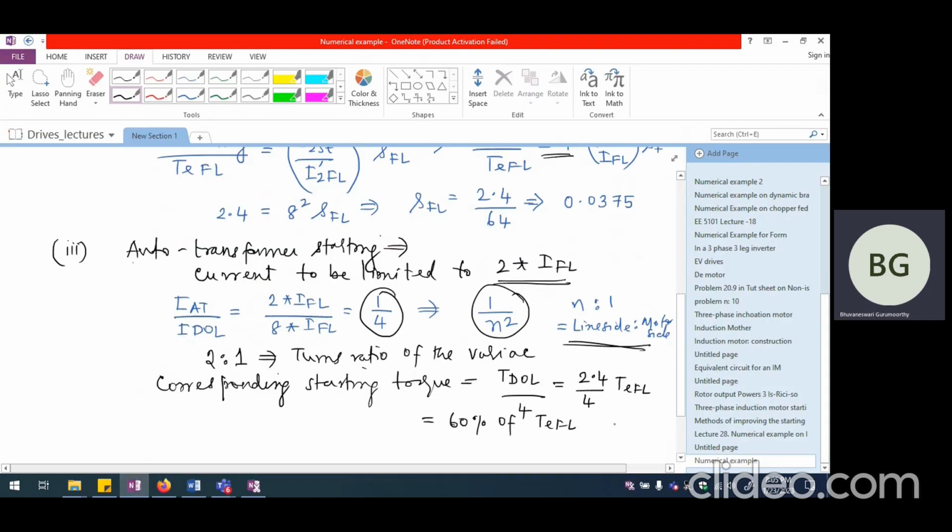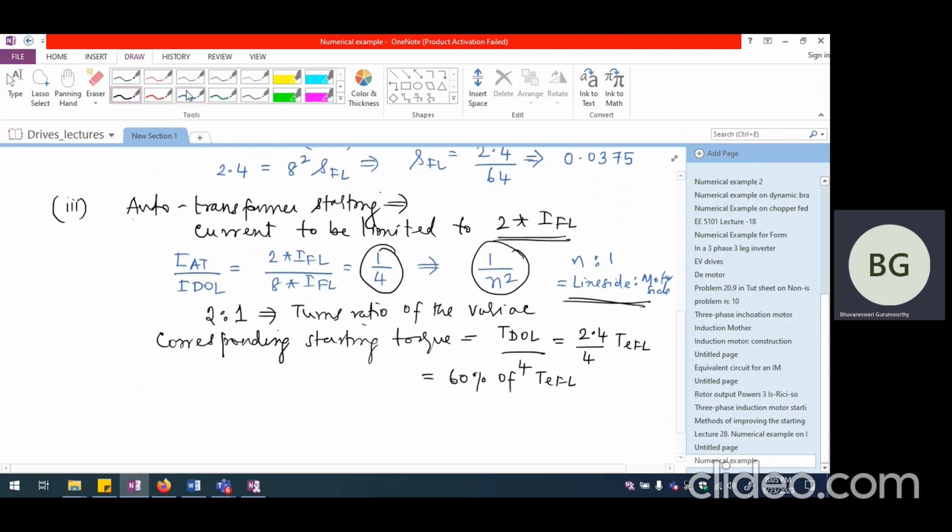So what is being asked is, if we assume the rotor current to be I2 dash or I1, that is going to be simply V1 divided by R2 dash.